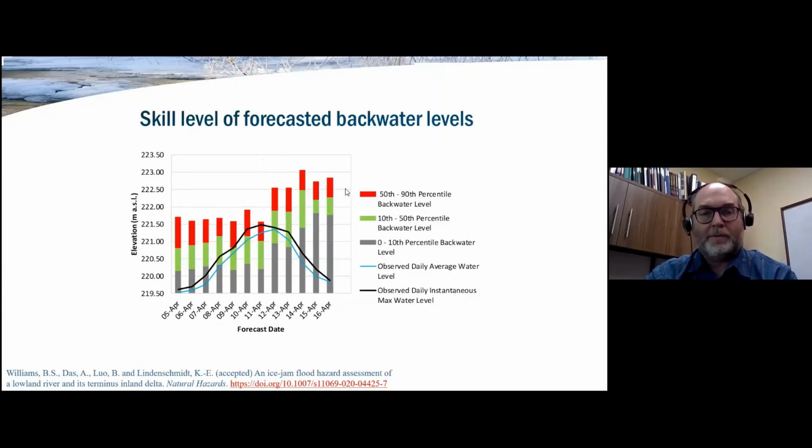And here's an attempt to measure the skill of a forecasting for this year. This was 2019. The ice jam actually occurred on the 11th of April. And that's the observed here. But here, the bars are actually what we forecasted 5 days previously. So actually, we're doing very good here.